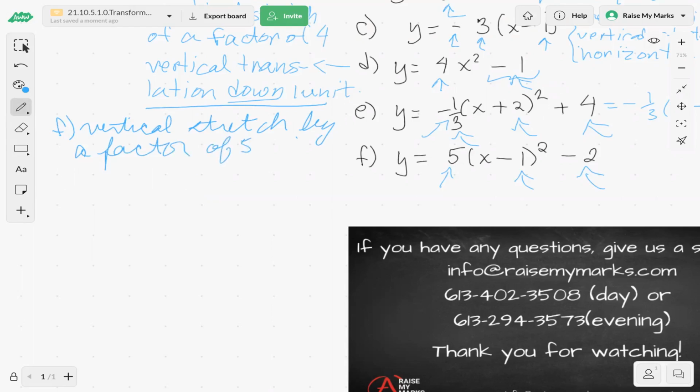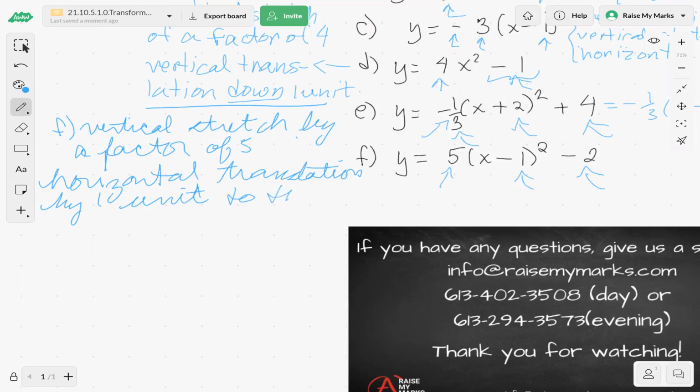Horizontal translation by 1 unit to the right. Gotta get that direction in.